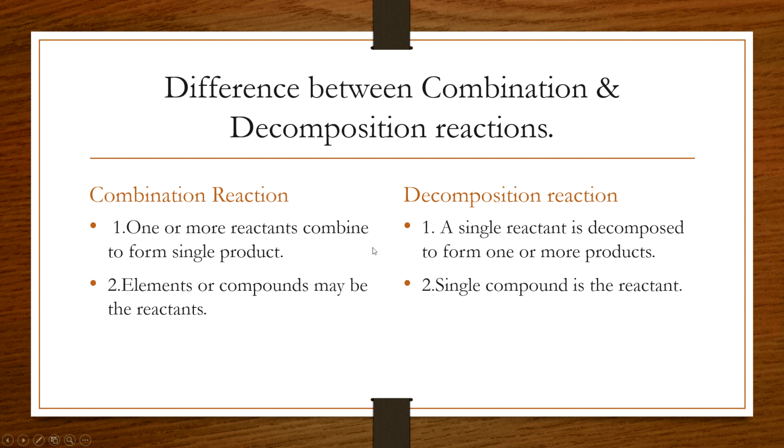These are exactly opposite. Another difference concerns elements and compounds. Elements or compounds may be the reactants in a combination reaction, and in a decomposition reaction a single compound is the reactant.